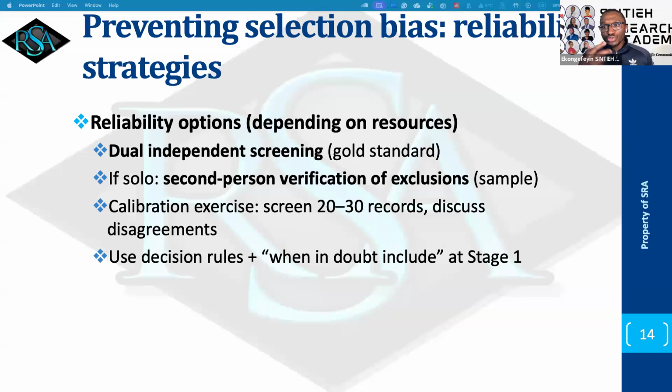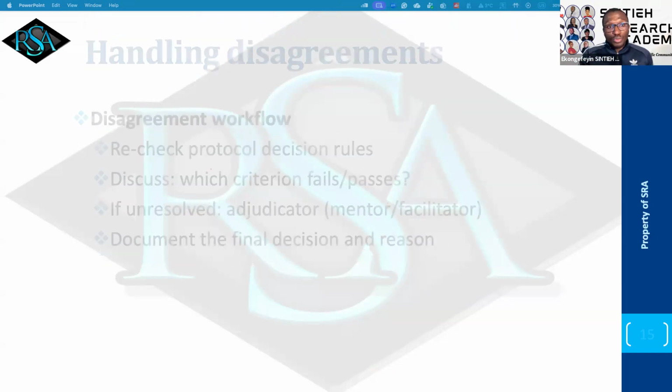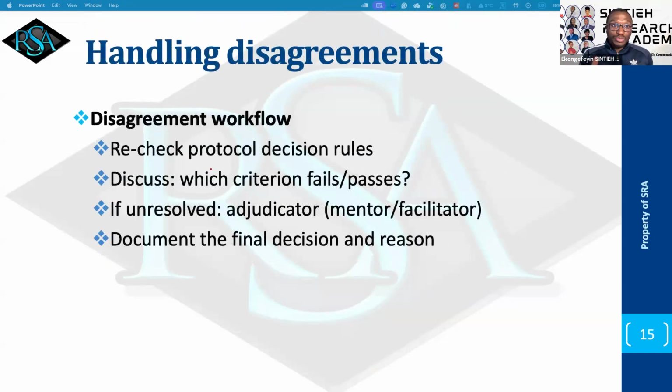No, we want people to judge, and where both of you are not clear, then we need a third person to come and fix where the disagreements are. So that's basically it. That's how we work here. And so that's what I'm saying. If there are any disagreement, we go back to the protocol, we find what we agreed. Or if it's still unresolved between the two of you, we bring in a third person to make a final decision.